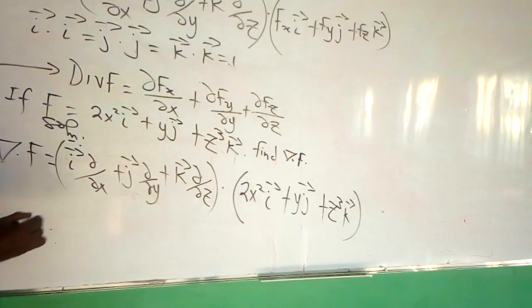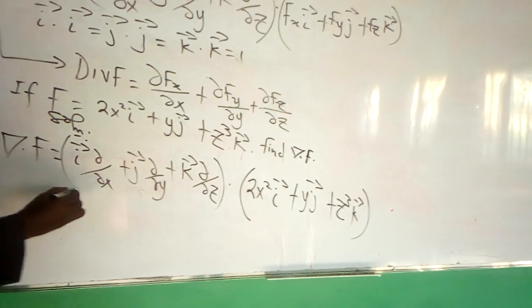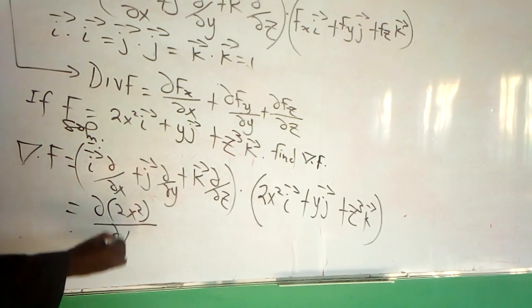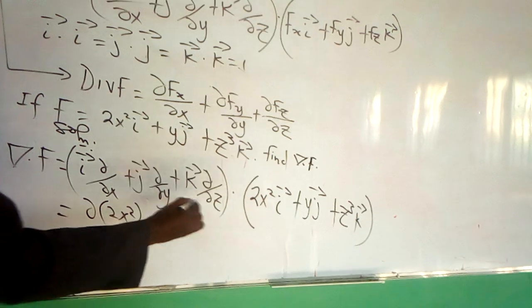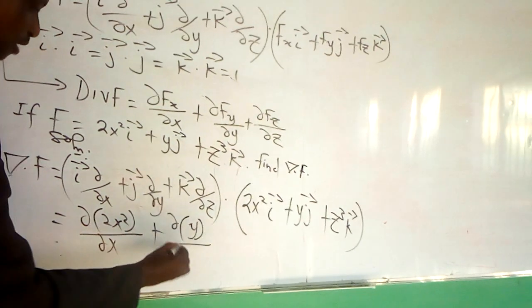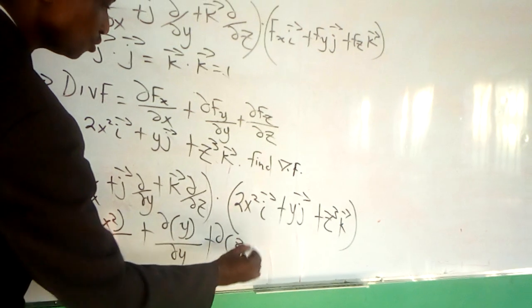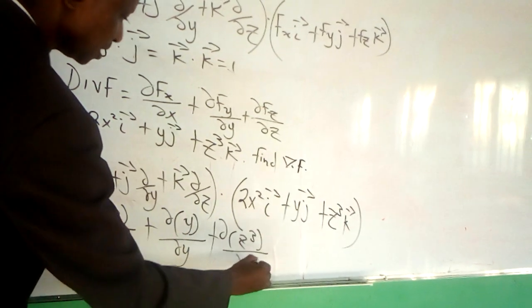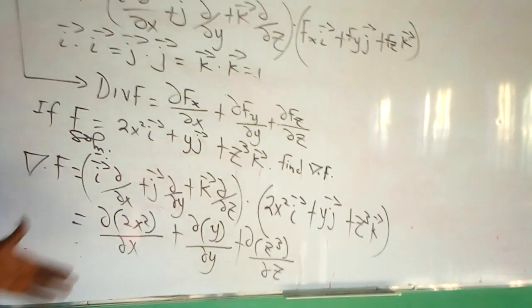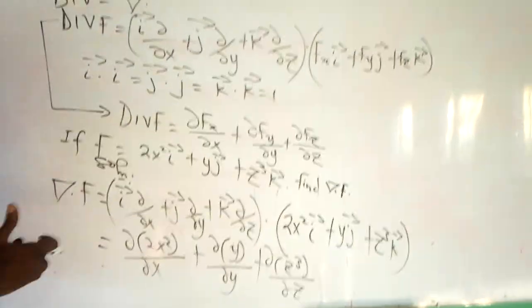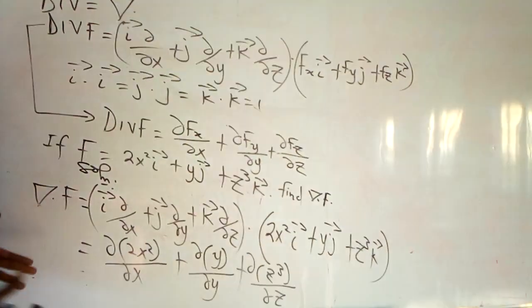So that is to say, we'll be having the partial derivative of 2x squared with respect to x, plus the partial derivative of y with respect to y, plus the partial derivative of z cubed with respect to z. That is the implication of the connotation by expansion with a dot product multiplicative analysis.